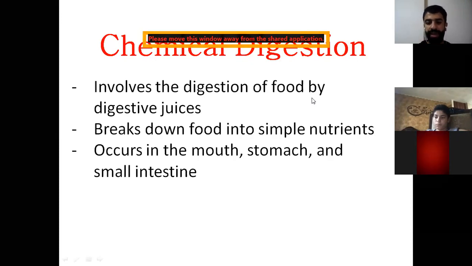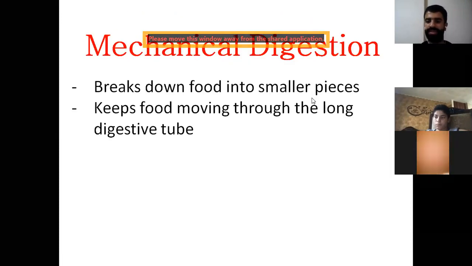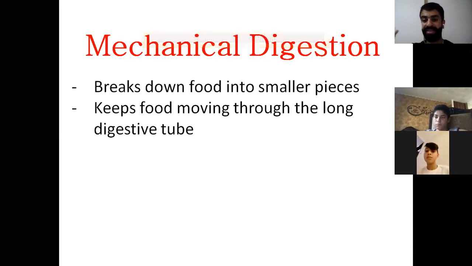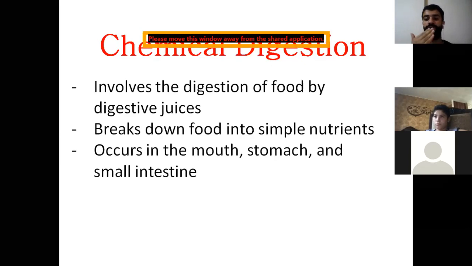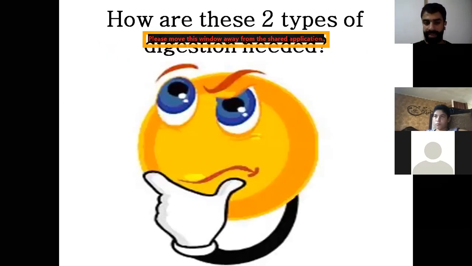What's the difference? Mechanical digestion breaks down food into smaller pieces and allows the food to pass through the digestive tube. Whereas chemical digestion involves the digestion of food by the help of digestive juices. It breaks down the food into simple nutrients. Mainly this digestion occurs in the mouth, in the stomach, and in the small intestine.